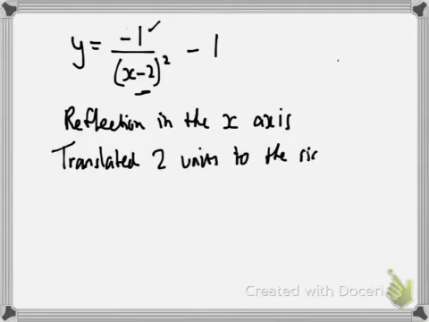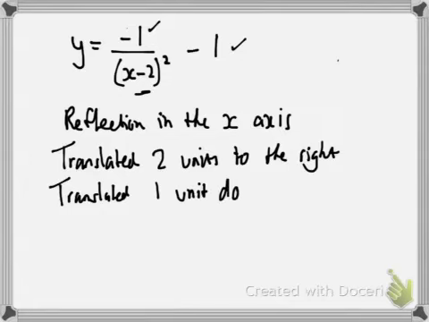The -1 over here means that it's translated 1 unit down. So that would be the transformations we'd make to the graph of y equals 1 over x squared to form that graph there.